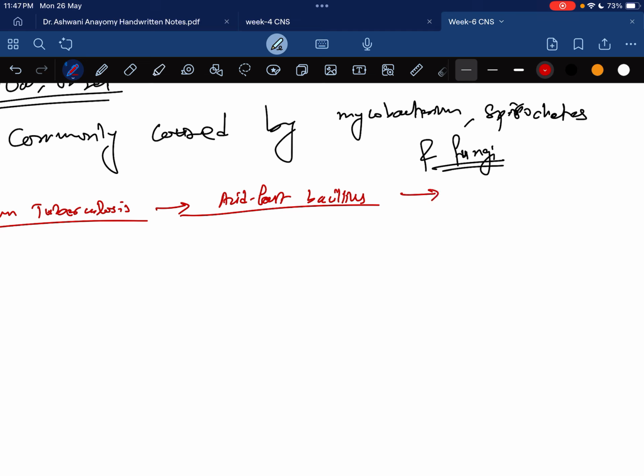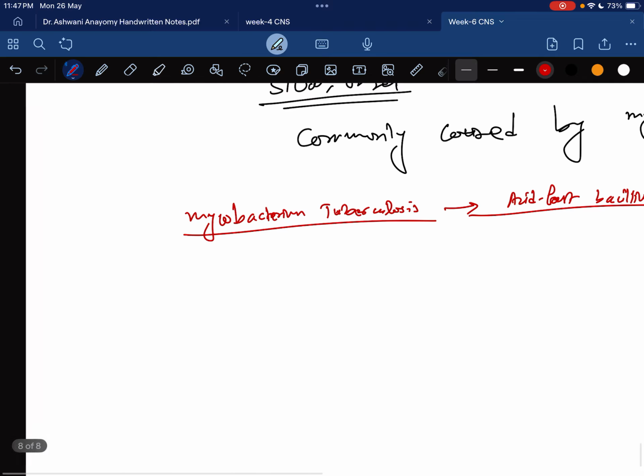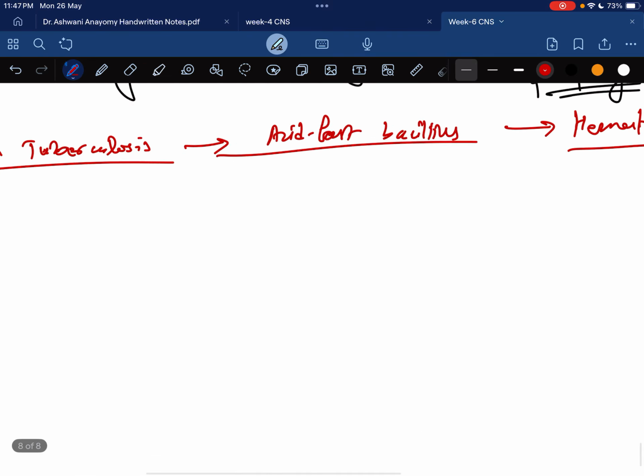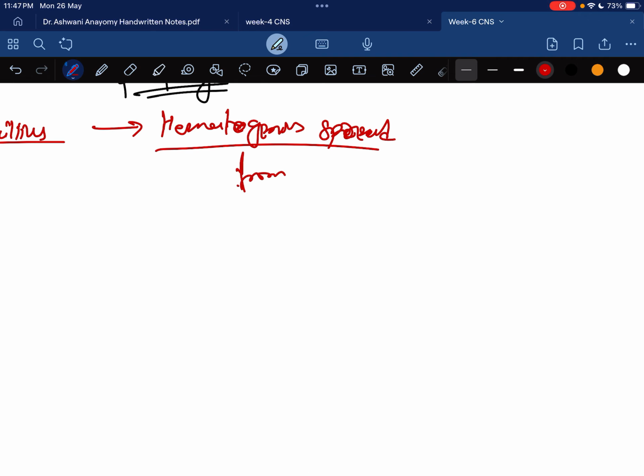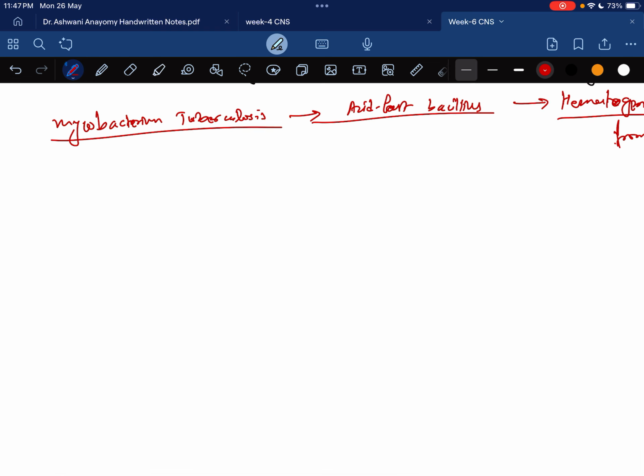The source is hematogenous spread or from a pulmonary focus, where there is already infection in the lungs. Then there is Treponema pallidum, a type of spirochete, which leads to the later stage of neurosyphilis.